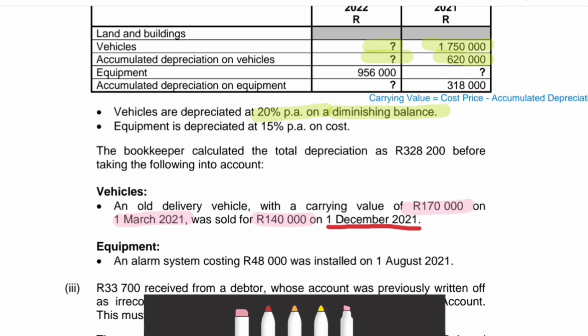If we look here, the carrying value that we have is at the beginning of the year. So we have to update that carrying value to reflect the carrying value at the point of sale, which is the 1st of December. From the start of the financial year on the 1st of March 2021, all the way to December, but we don't count December because we sold it on the 1st.